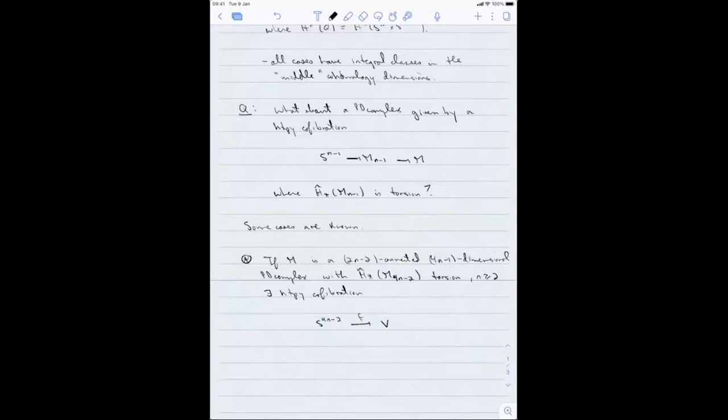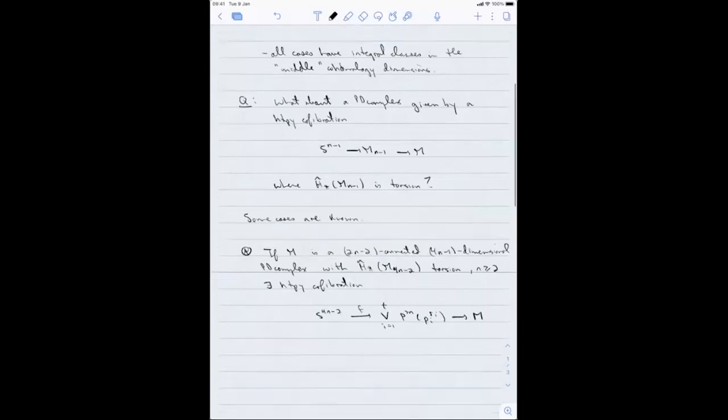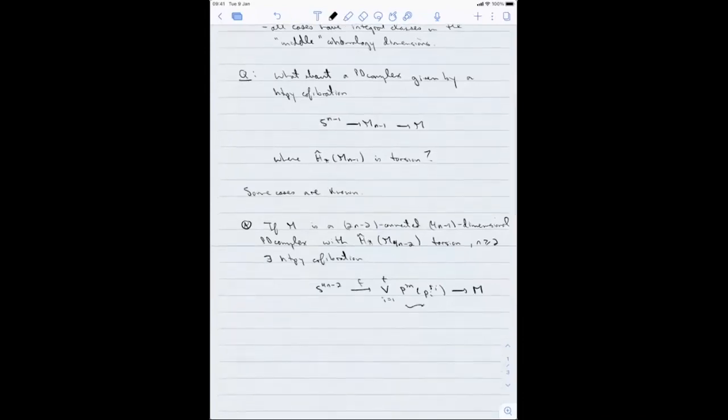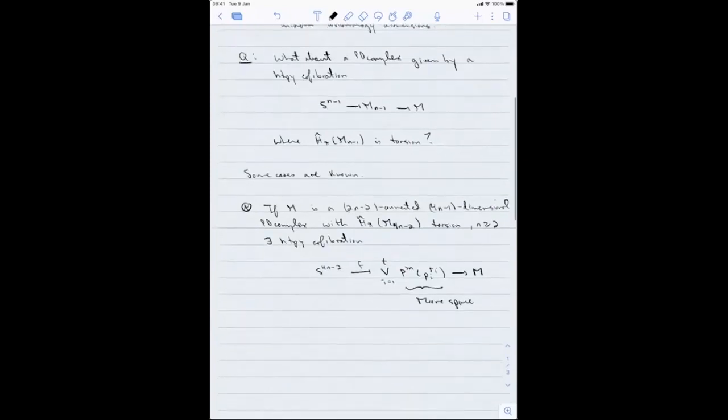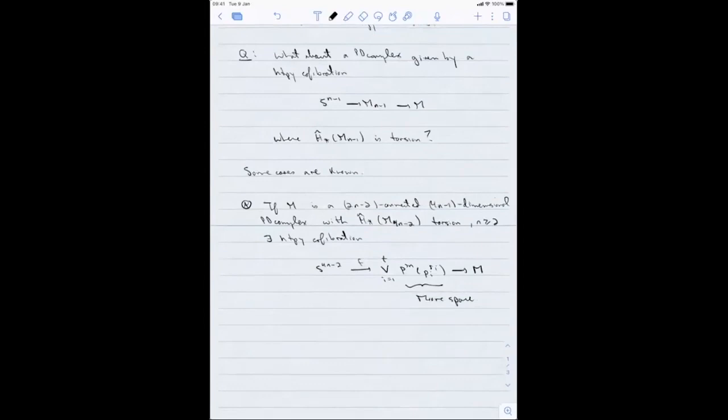So you'd have a wedge of some number of Moore spaces in that middle dimension, 2n dimensional Moore spaces. Each of these is a cofiber of a degree p to the r_i map on a 2n-1 sphere.